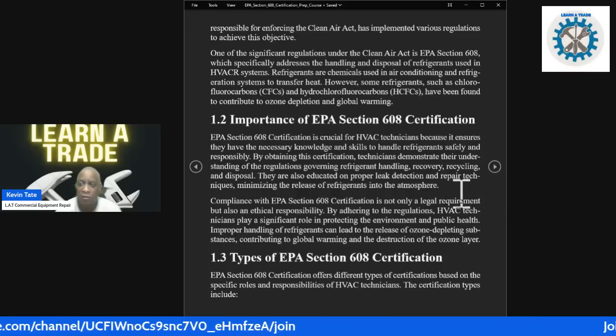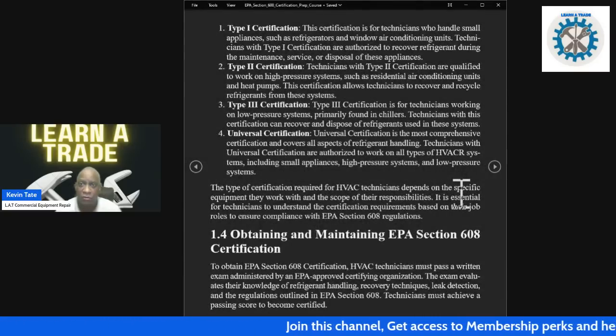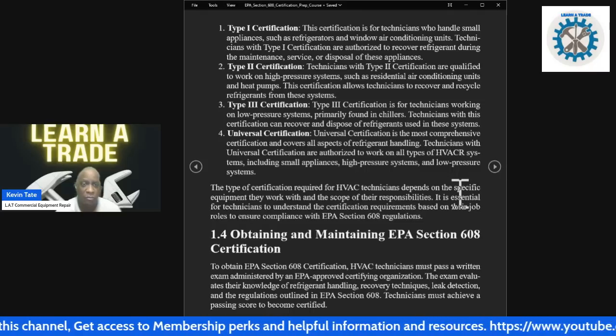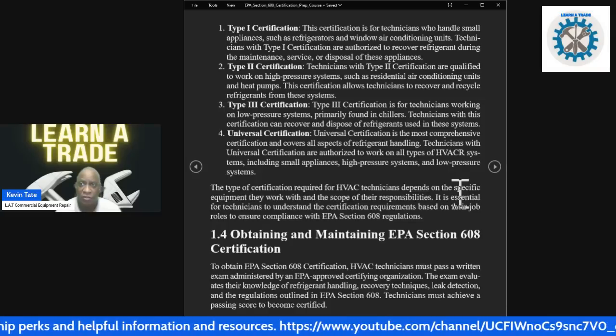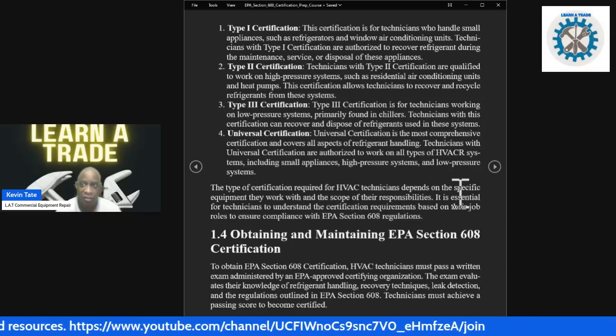What they mean there is they're getting into the types. You have type 1 certification, type 2, type 3, and then universal. And all of those have specific sections that you would be able to work in the HVAC field with.